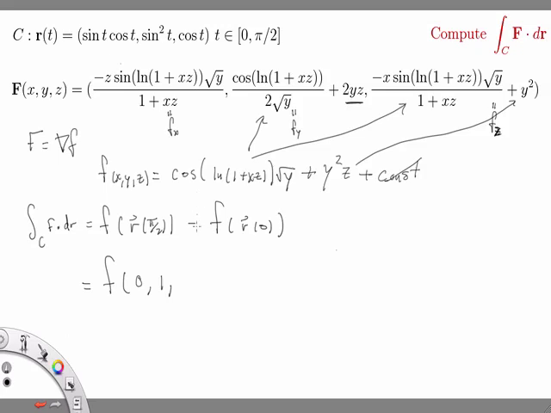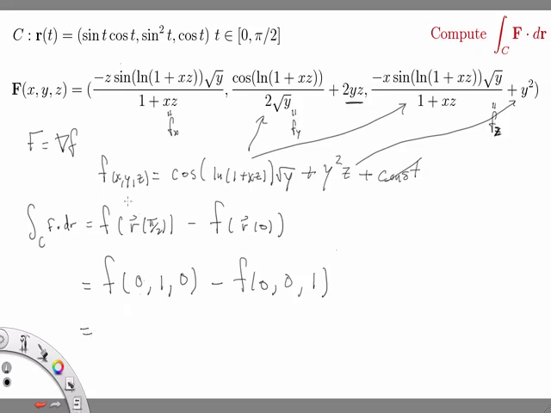And then again, cosine of pi over 2 is 0, so I get f of 0, 1, 0 minus f of r of 0. So when I plug in 0 here, sine of 0 is 0, so I get 0 for the first coordinate, and again for the second coordinate, and cosine of 0 is 1. So I get f of 0, 0, 1.